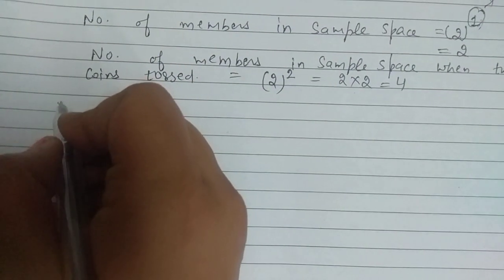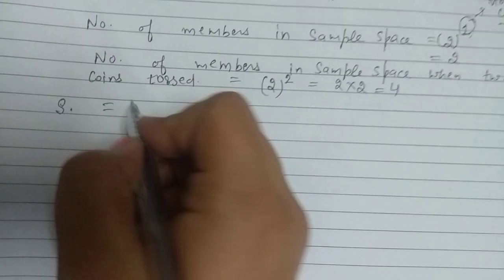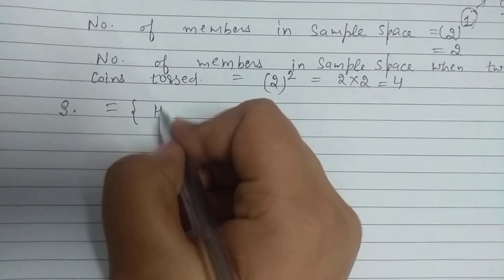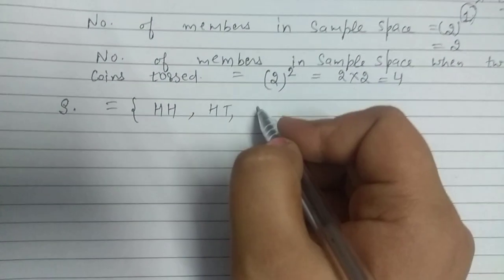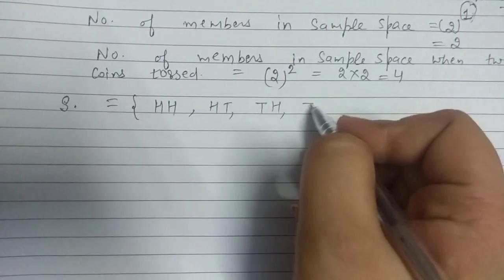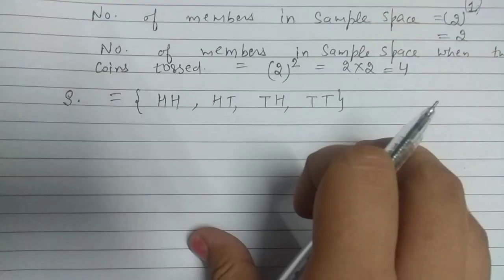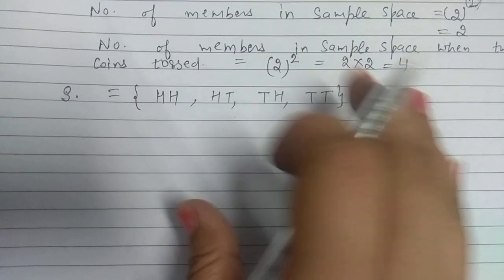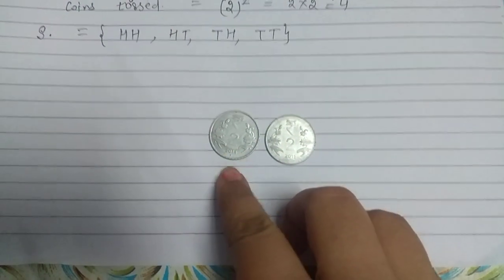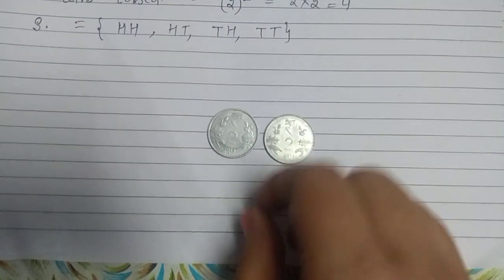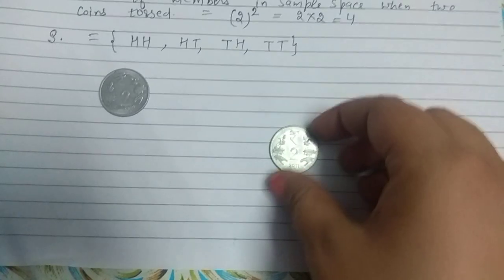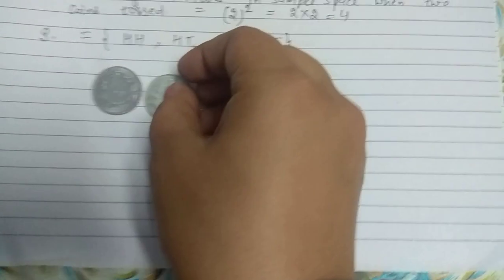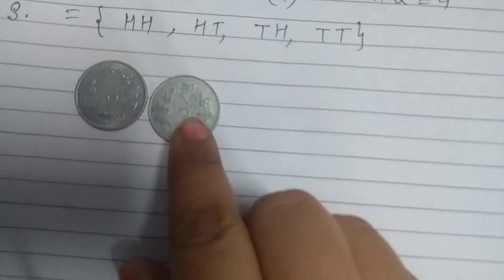So write the sample space. When 2 coins are tossed: head-head, head-tail, tail-head, tail-tail. I will explain with the help of coins. Okay, students, I take 2 coins of 2 rupees. When I toss the 2 coins, firstly both become head.